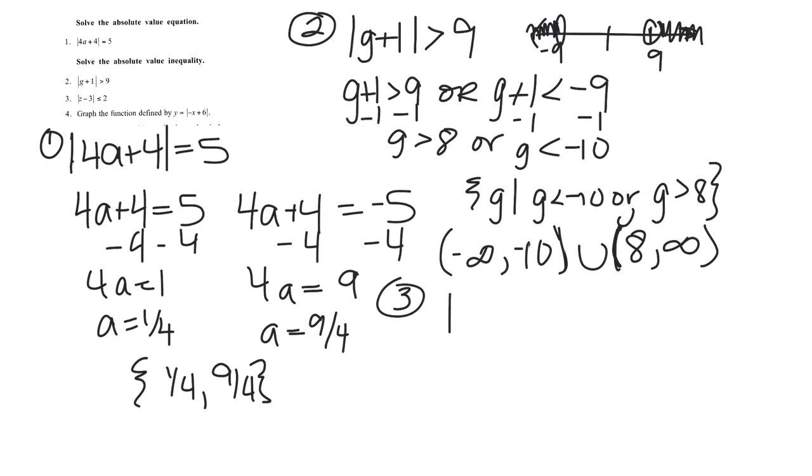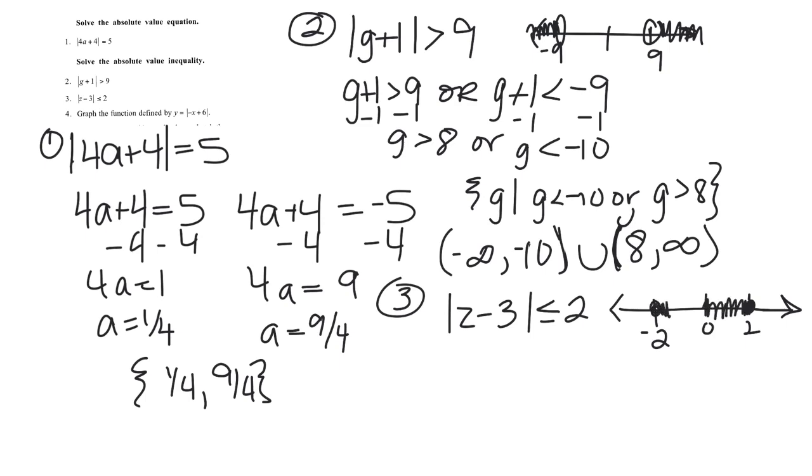Number 3, absolute value of z minus 3 less than or equal to 2. So again, absolute value is distance from 0. So we want less than or equal to 2 away from 0. So you're looking at numbers that are less than 2 and numbers that are greater than negative 2. So we write that between statement, negative 2 less than or equal to z minus 3 less than or equal to 2.